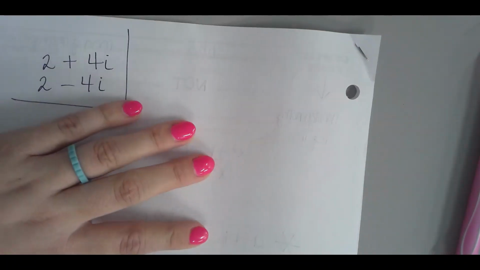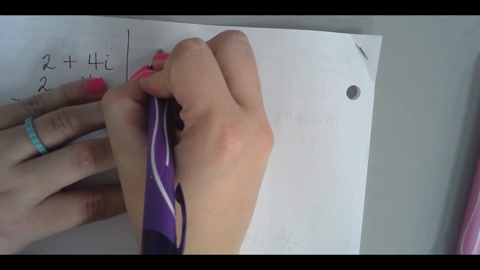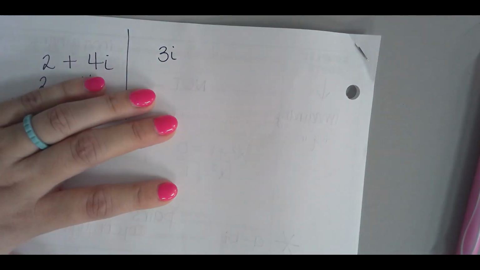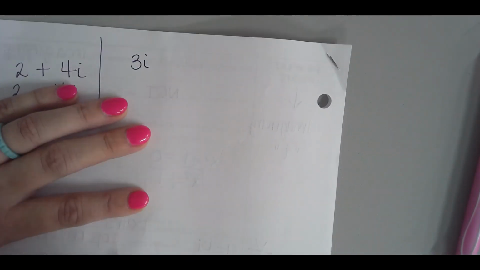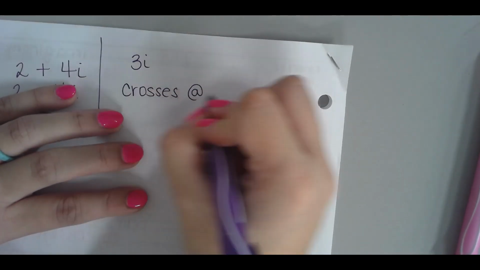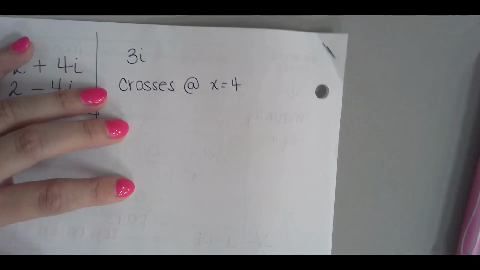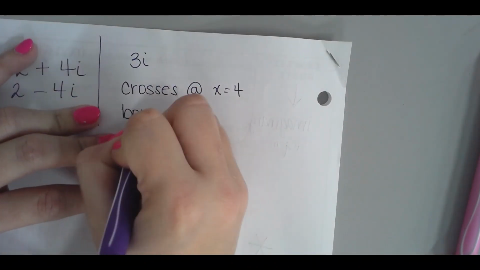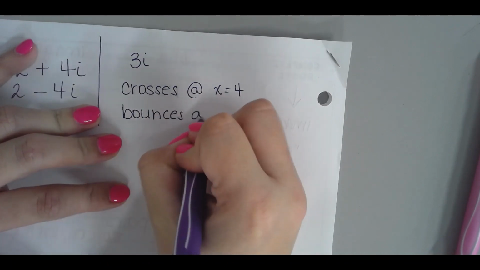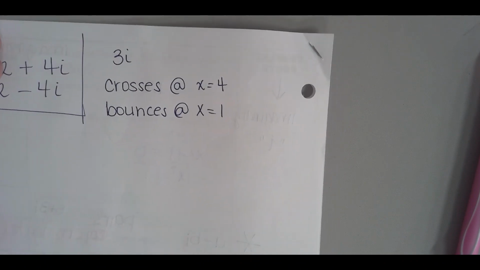What if I say I have an x-intercept at 3i. My graph crosses at x equals 4, and it bounces at x equals 1.